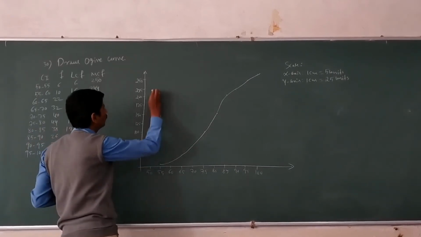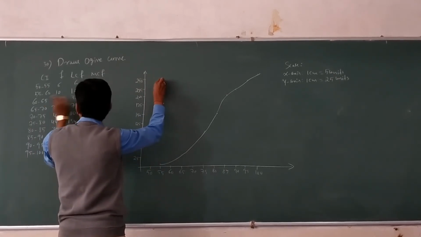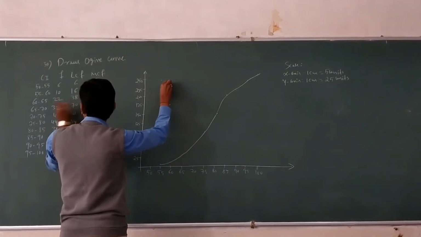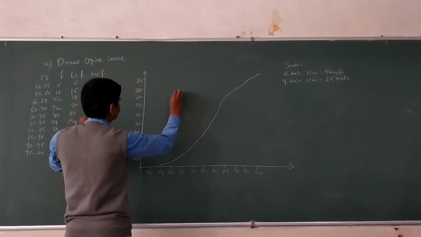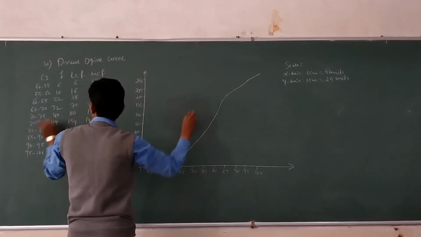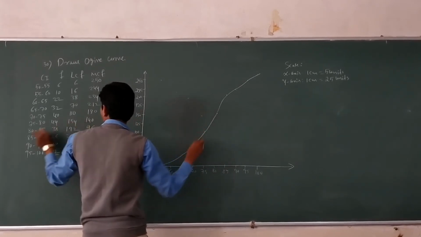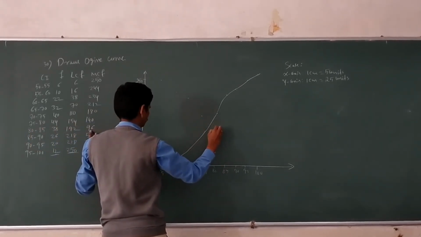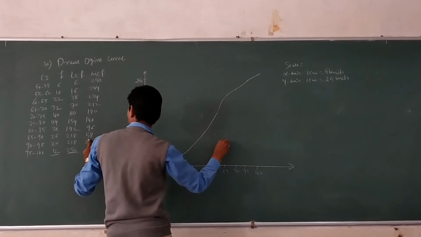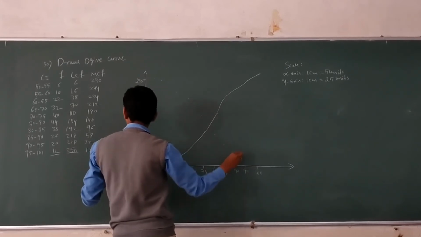The next, 55 is 244. 60 is 234. 65 is 212. 70 is 180. 75 is 140. 80 is 96. 85 is 58. 90 is 32. 95 is 12.